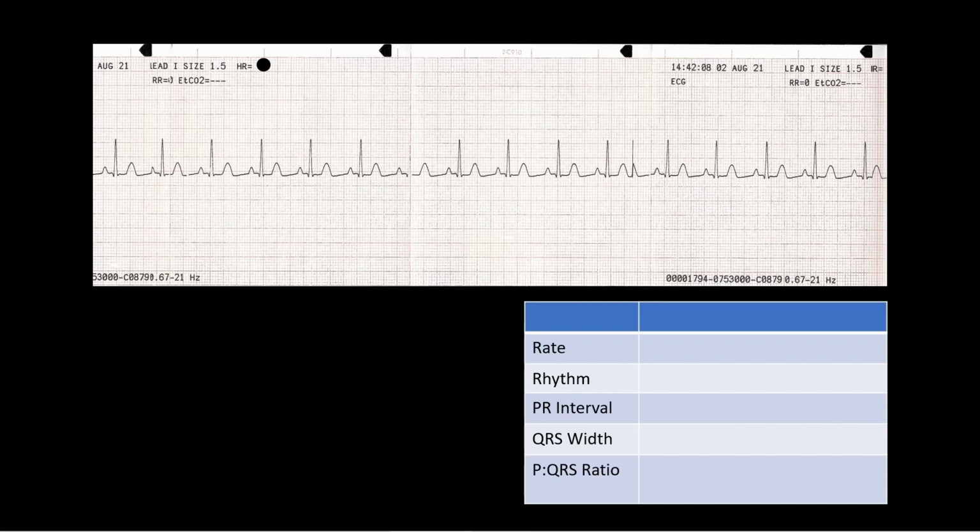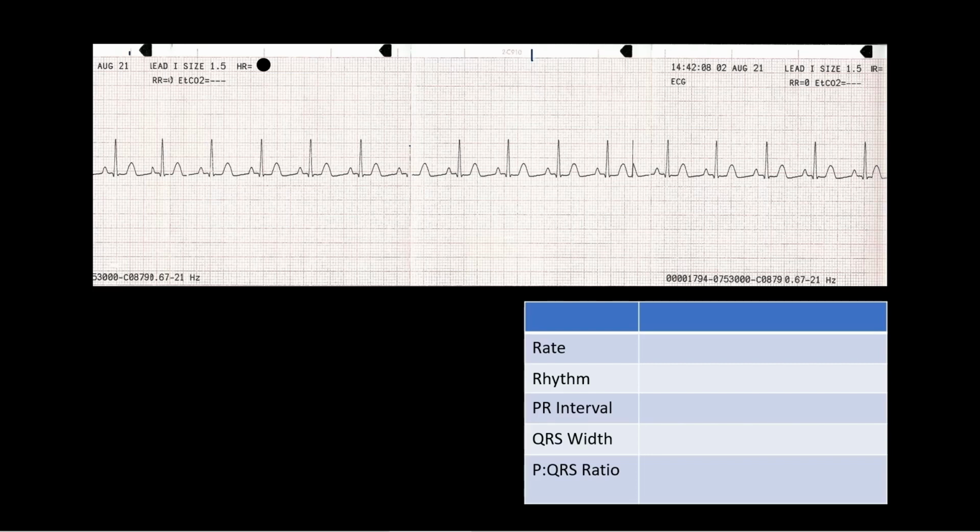If we start from here and we say, okay, this is 1 second, 2 seconds, 3, 4, 5, 6 seconds, cut off here, and we count how many QRSs are in it. 1, 2, there's 1 in here, although you don't see it. 3, 4, 5, 6, 7, and it looks like we'd be almost to the 8th one. Okay, so we'd say about 75 to 80 beats a minute.